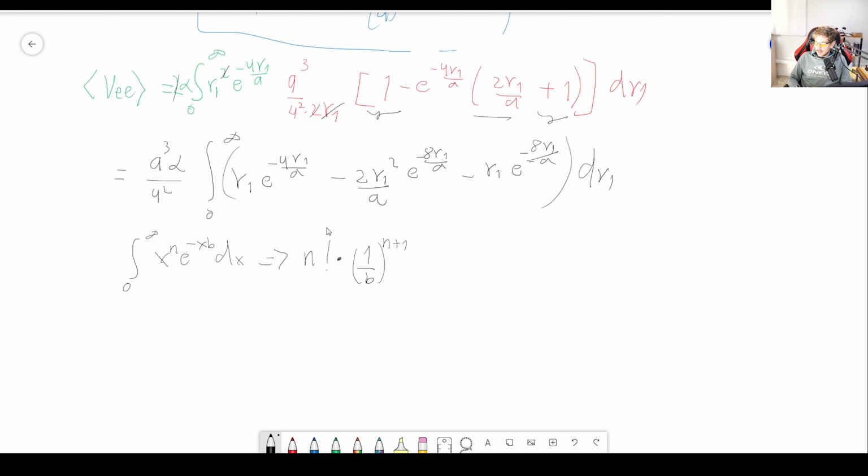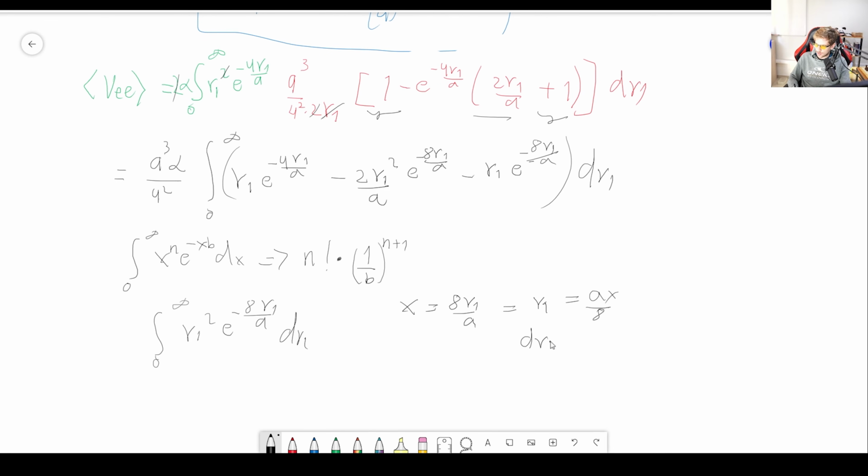So maybe let's go with this case, which is the highest order one, just so you get an idea. We need to change the form of this. So we have the integral from 0 to infinity of r1 squared e to the minus 8 r1 over a dr1. So now let's use x. X is going to be 8 r1 over a, because we want this to be e to the minus x. So this means that r1 is going to be ax over 8.